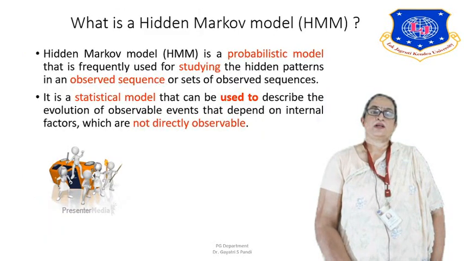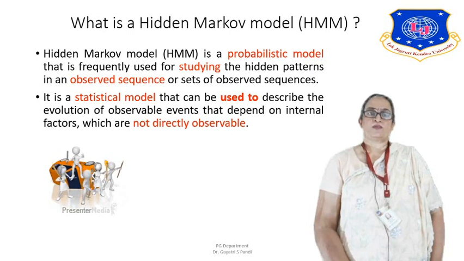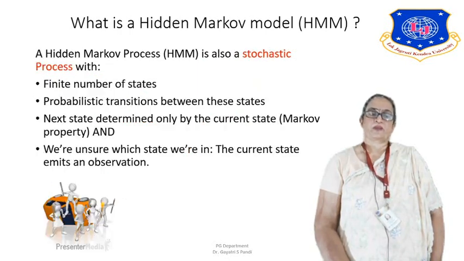Now let us see what is HMM, that is, hidden Markov model. So this is also a probabilistic model, and it is frequently used for studying hidden patterns. Hidden patterns may be in an observed sequence or a set of observed sequences. So it is basically a statistical model that can be used to describe the evolution of observable events that depend on internal factors which are not directly observable.